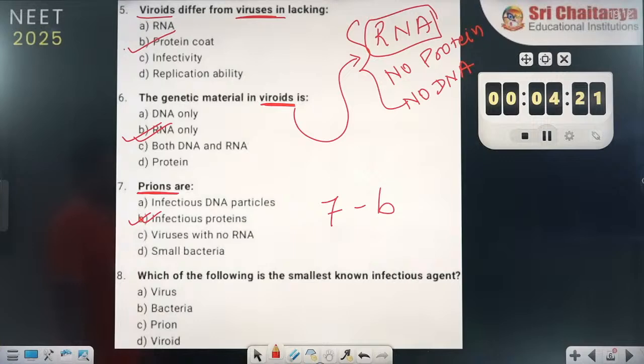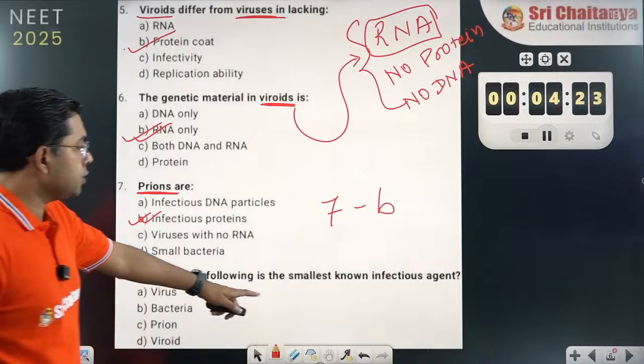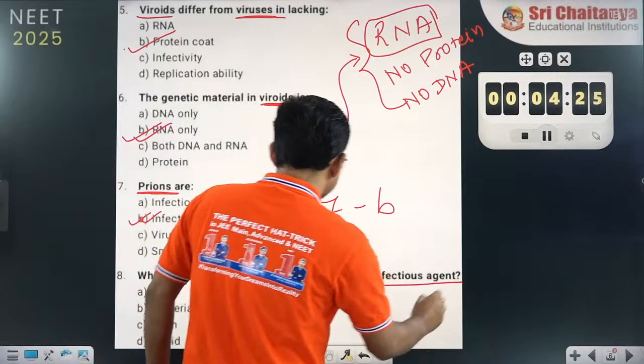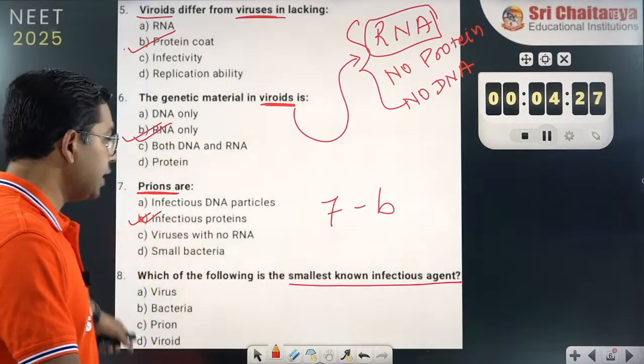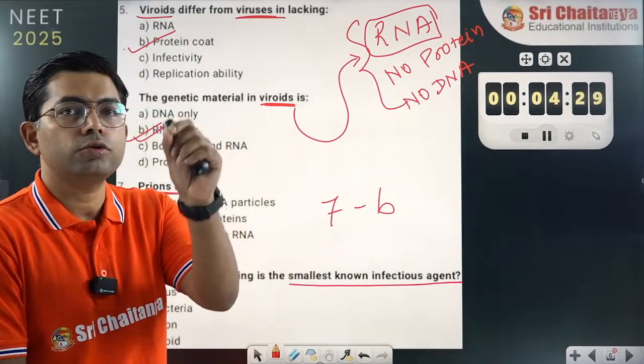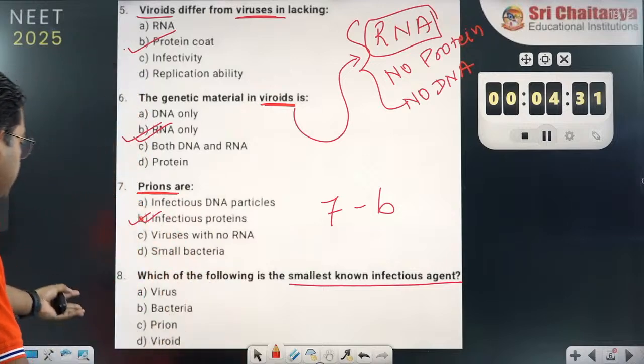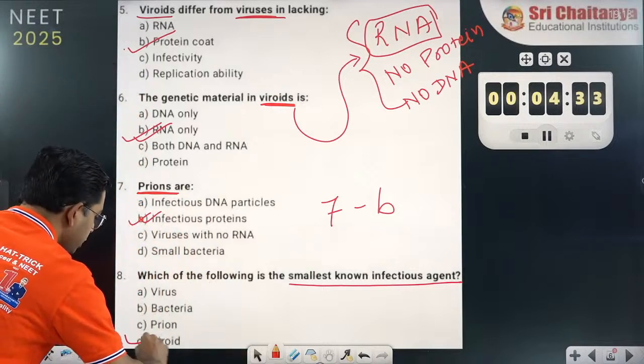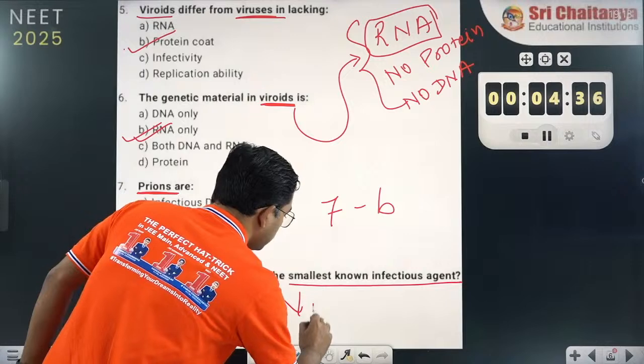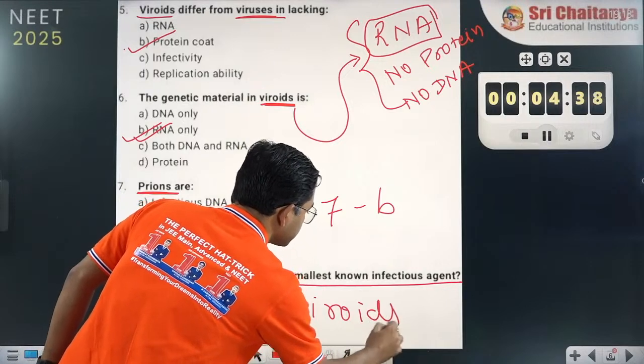Then question number 8. Which of the following is the smallest known infectious agent? Very simple. The smallest known infectious agent is viroids.